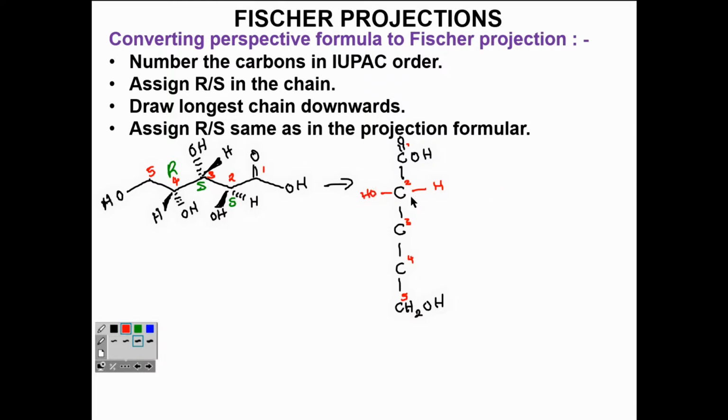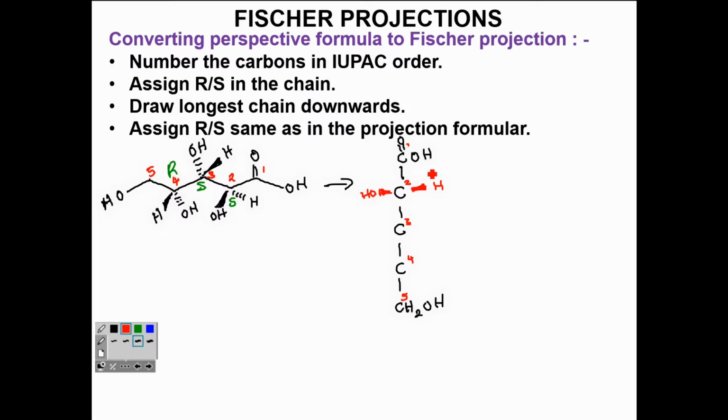Because remember, these bonds that are here are bold wedge bonds. So this guy will have priority number 1, this priority number 2, and the rest of the carbon priority number 3.